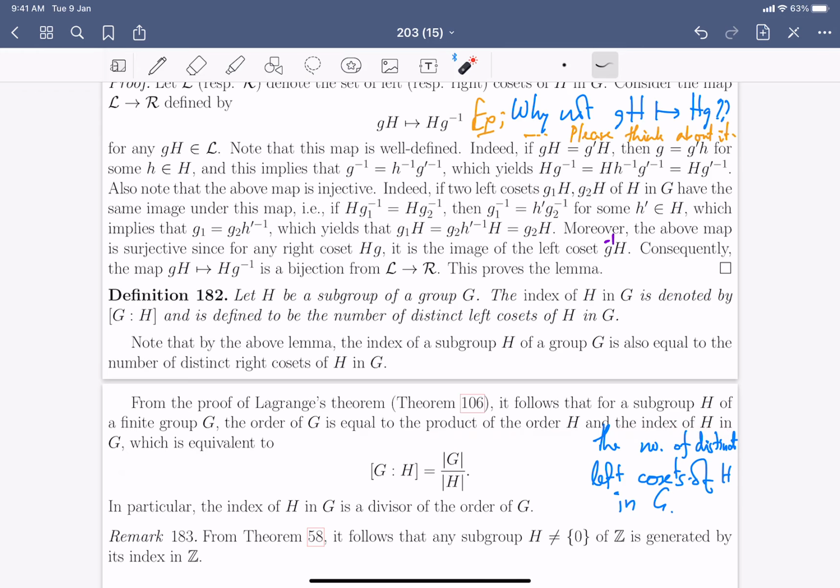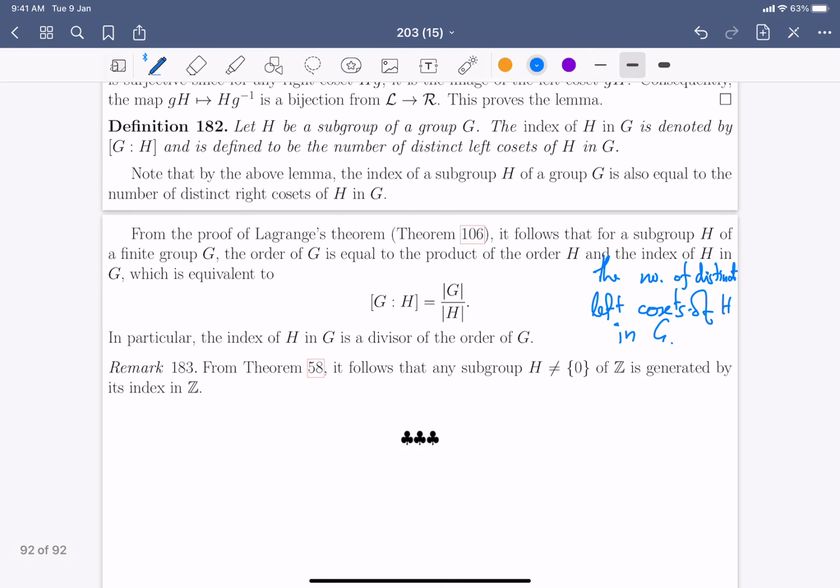Maybe I should tell you that here this denotes the order of G. You may know that if you have a set S, then its cardinality is sometimes denoted by S within two vertical lines.